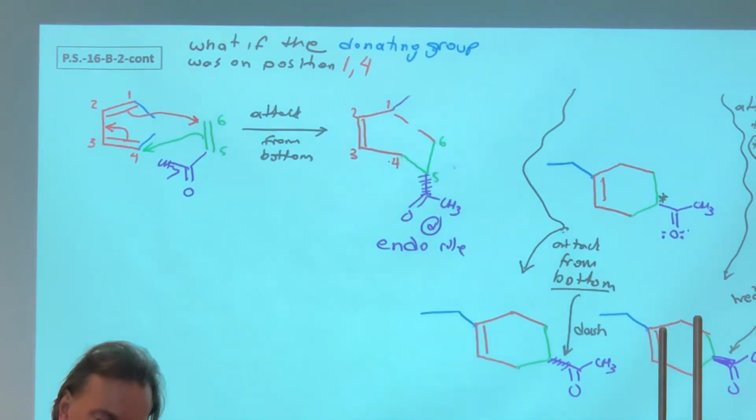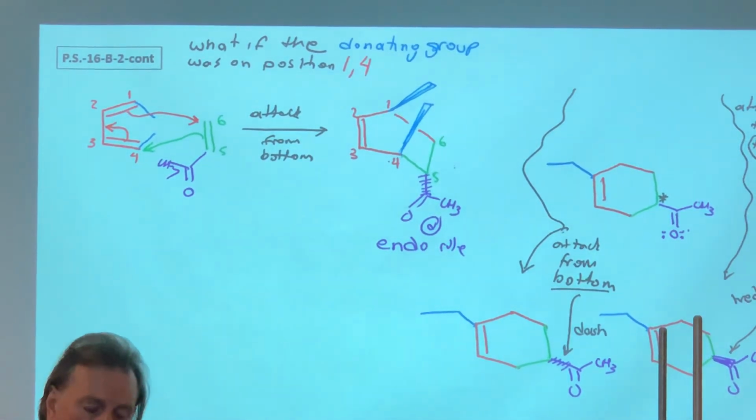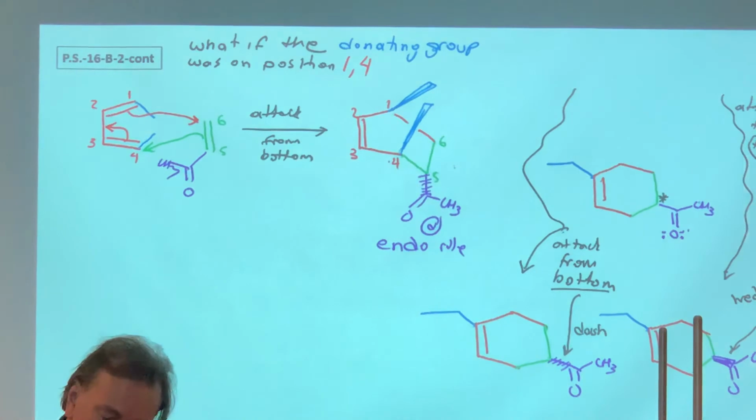It's the same idea, except that, I'm sorry, this is blue. So it's the same idea, except they're not connected, yes? So I just want to show you how these wedges are coming from, right? So they're connected.